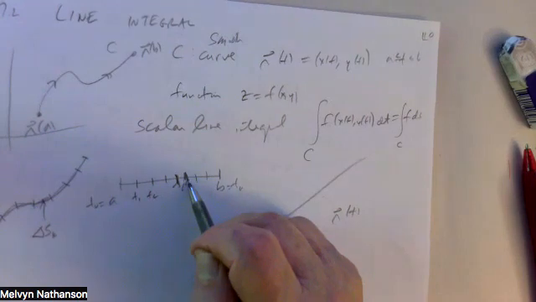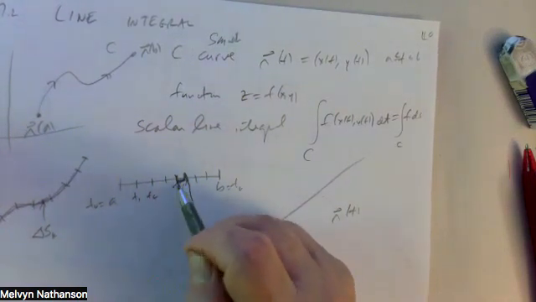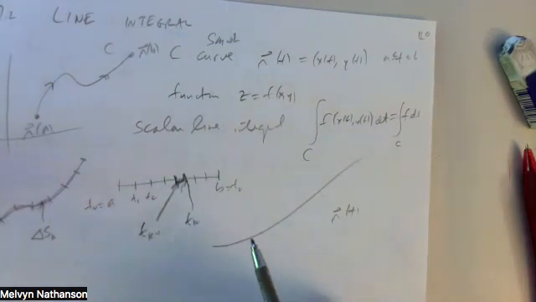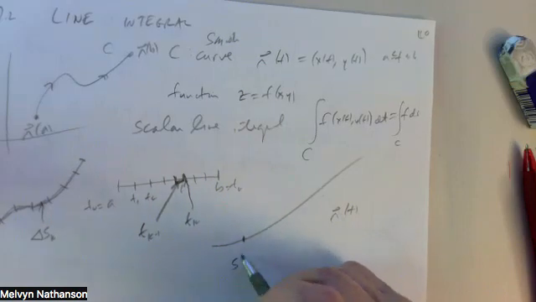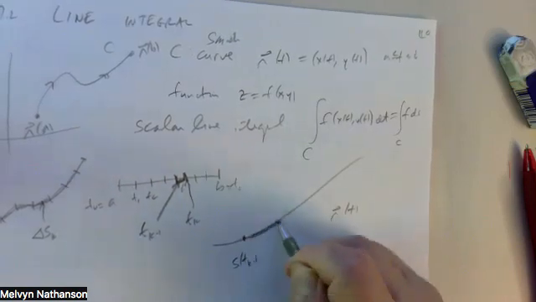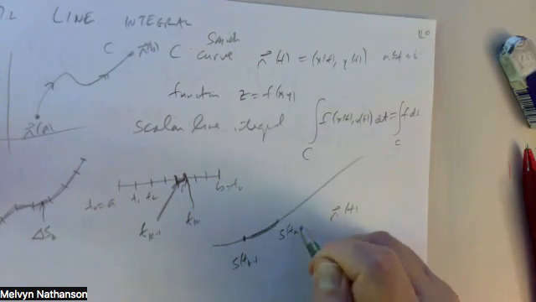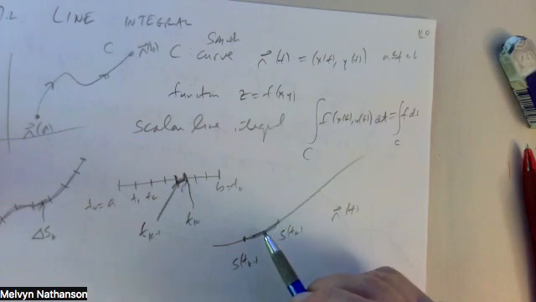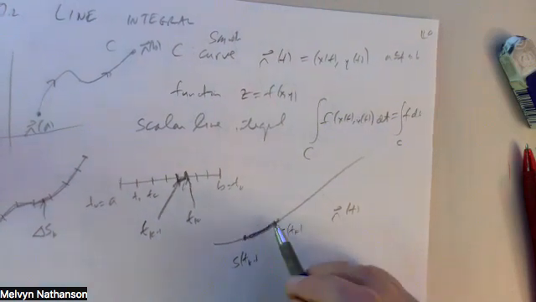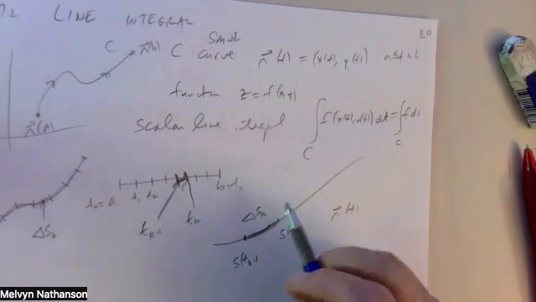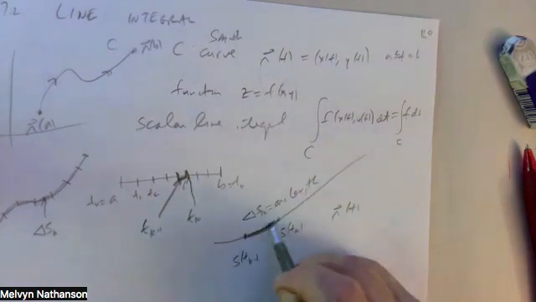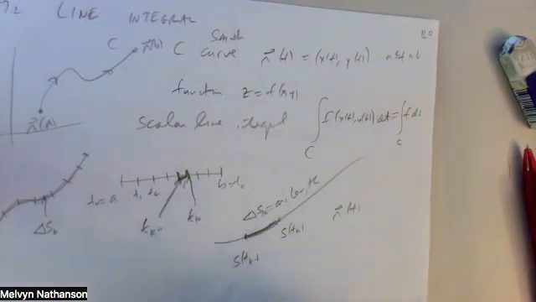Let's say this is t sub k, and the preceding point is t sub k minus 1. On the curve, you have r of t sub k minus 1, a little further along, r of t sub k, and the length of this arc we'll call delta s sub k. So this is the length along the curve from this point to this point.